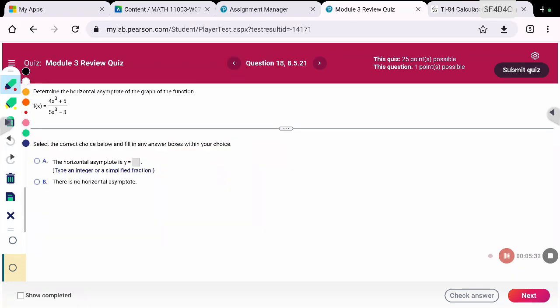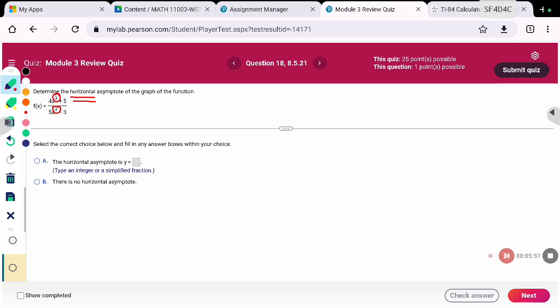All right, on this next problem, it is looking for the horizontal asymptote. And remember, that is where you compare the degree of the numerator with the degree of the denominator. The degree is going to be the highest exponent. So the degree of the numerator is 3. The degree of the denominator is also 3.